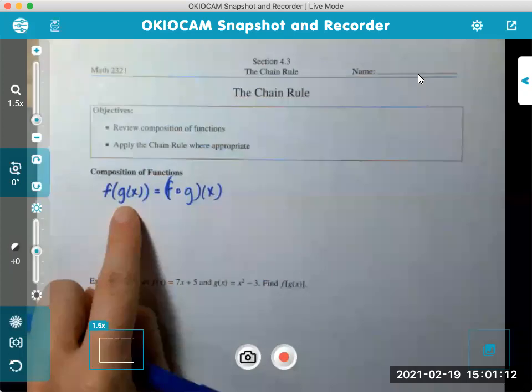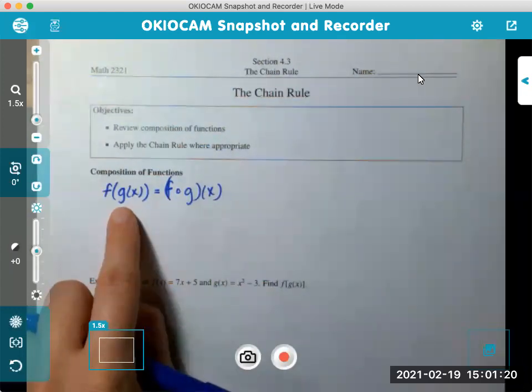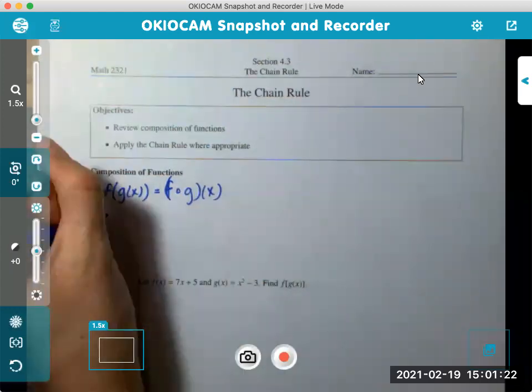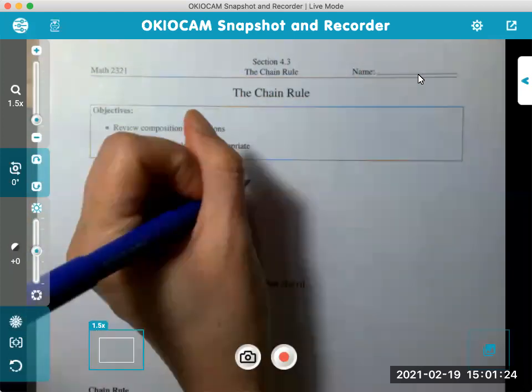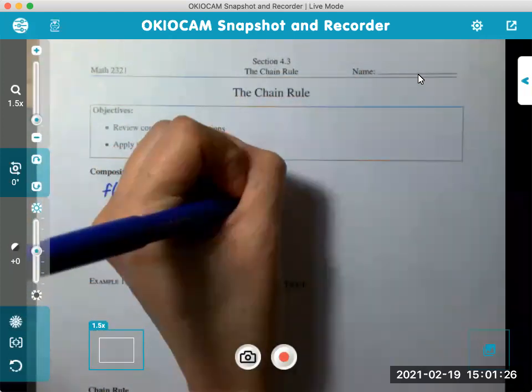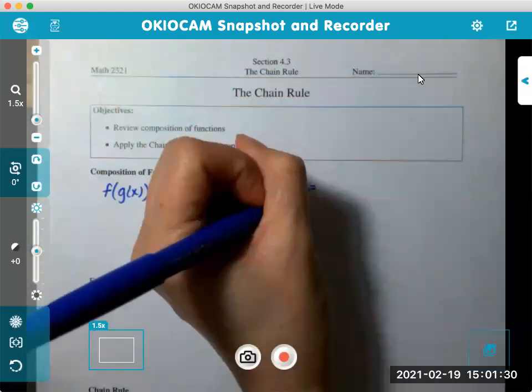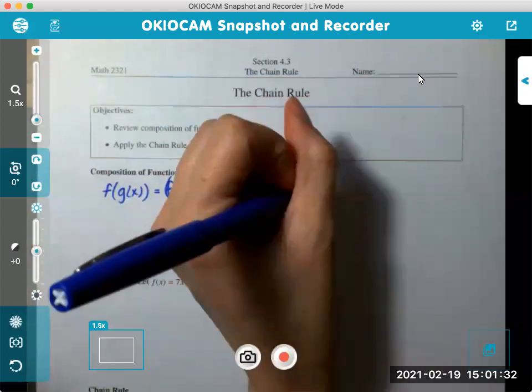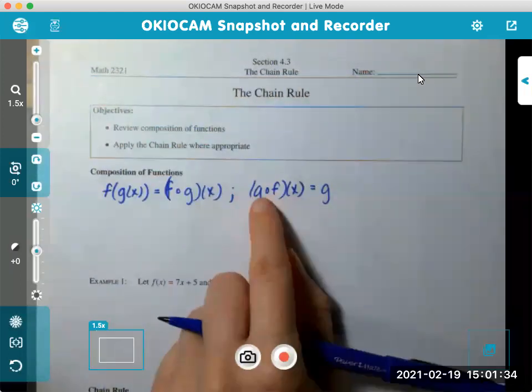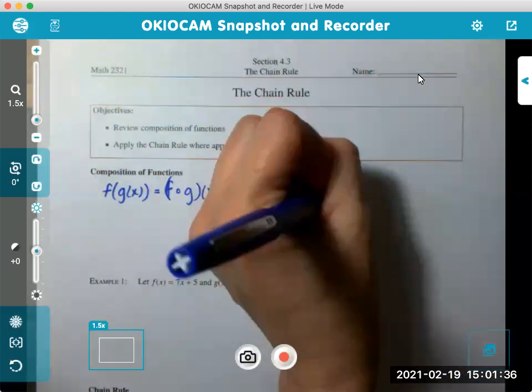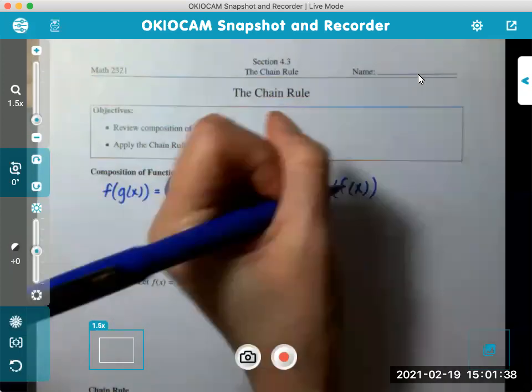This on the right is the functional version. And then, of course, if you switch it, we've got g of f of x, or this is g composed of f of x, equaling g of f of x.